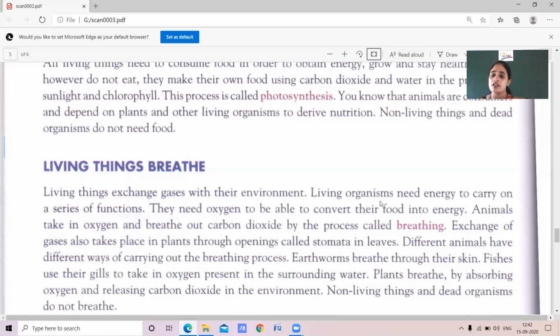Animals take in oxygen and breathe out carbon dioxide. We call that process breathing. Exchange of gases also takes place in plants by the openings called stomata in the leaves. Children, you know that animals take oxygen and give out carbon dioxide with the help of lungs.